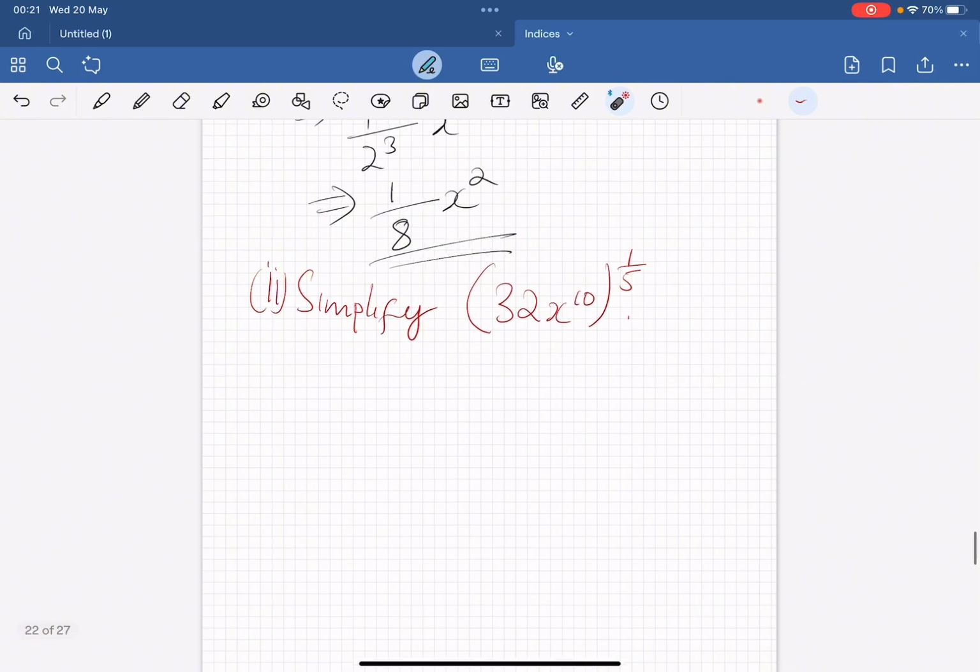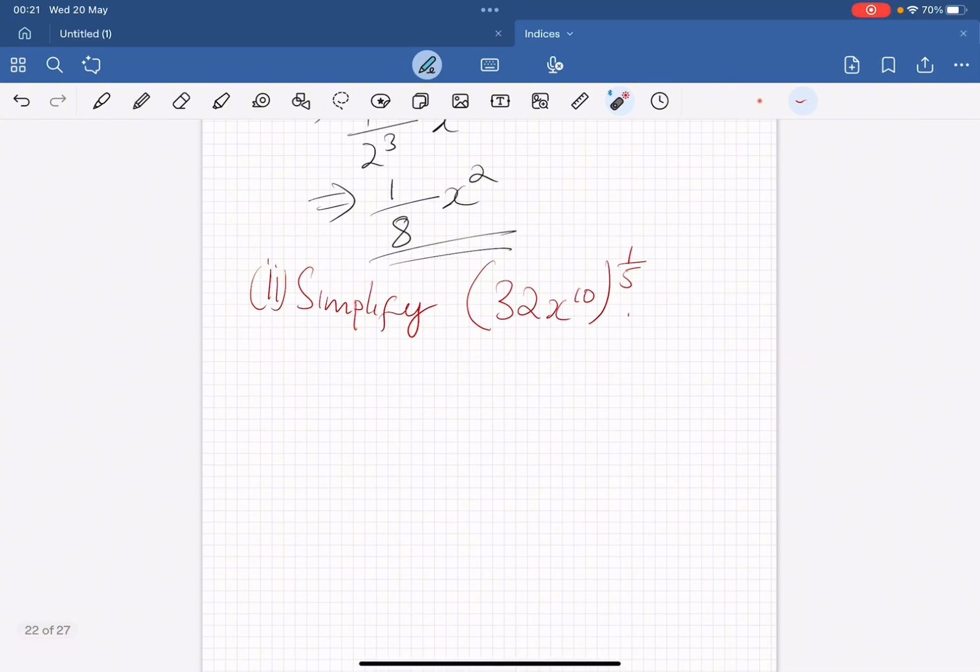So continuing, the question says (32x^10)^(1/5). Just like I've been doing, I'm going to find a way of representing 32 as something to the power 5. The reason why I'm picking 5 is because the power outside has a denominator 5.